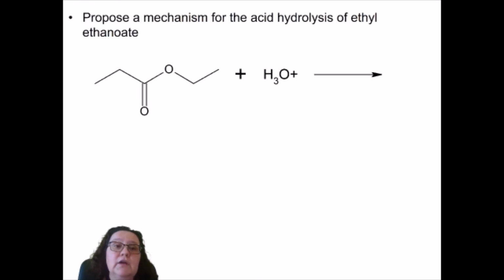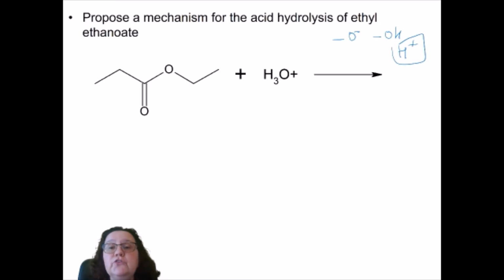So now I'm going to ask you again to stop the video and propose a mechanism for the acid hydrolysis of ethyl ethanoate. And in this case, you need to remember, because you are in acid medium, you are not going to have oxygens with negative charges. They will always be protonated, and you can have hydrogen ions because you are in acidic medium and you actually do have them.